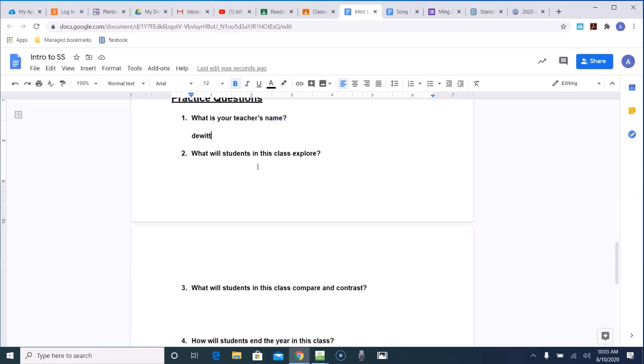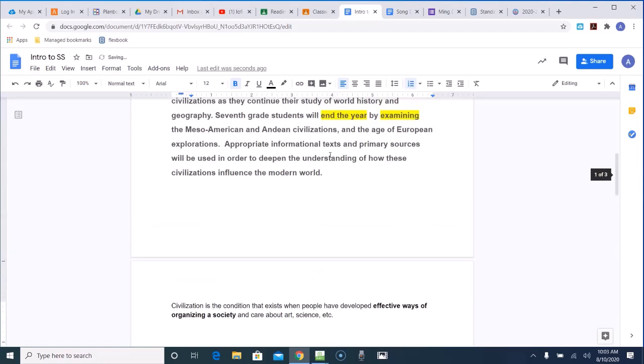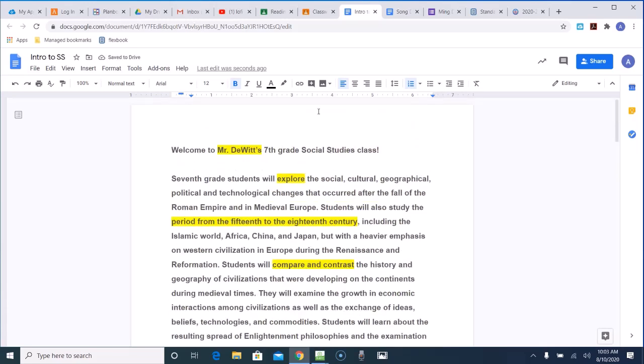What will students in this class explore? So I think I remember something about exploration. So we can just slide up here. Where did I highlight? There's the word explore. That's what 7th grade students will explore. All right. Now, if I'm a virtual student, you can highlight that.